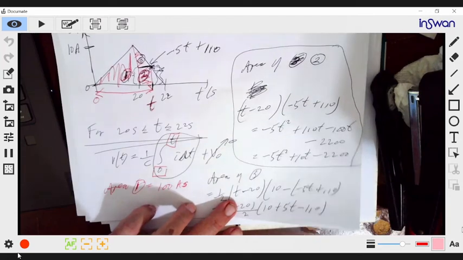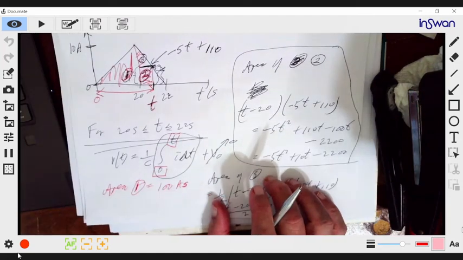Oh, 20? How do you get 20? Say from 20 to 22, it should be the area of 1 of the total minus... No, look at the graph. It should just be the area of that triangle.